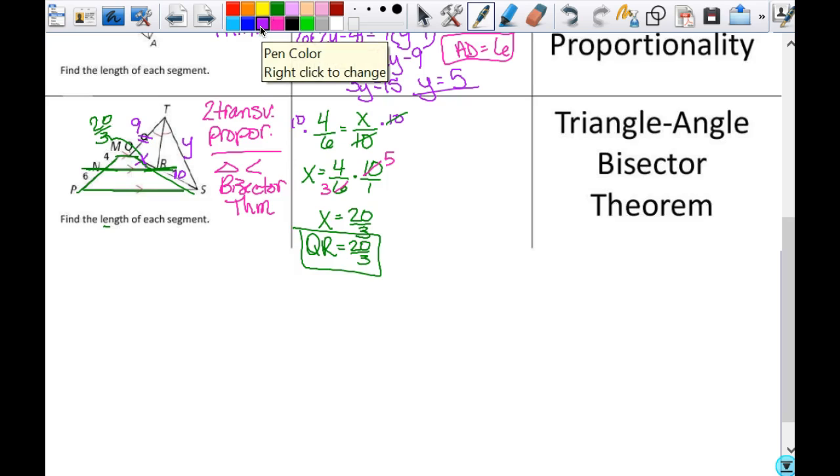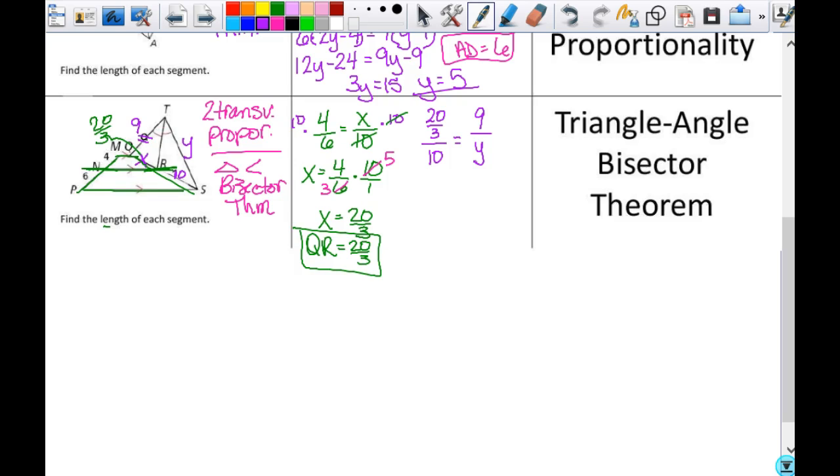Okay. So now I've got piece over piece equals side over side. So I've got 20 over 3 over what? Over 10 equals the side which is 9 over the side which is y.